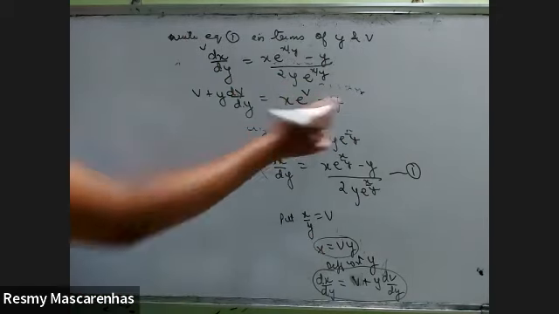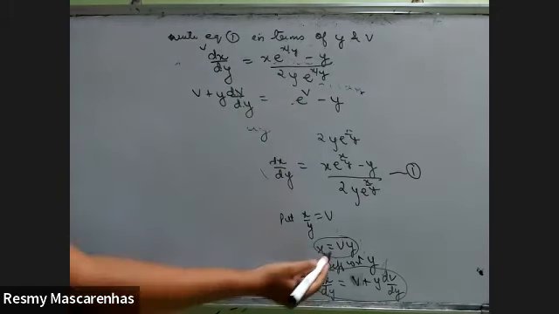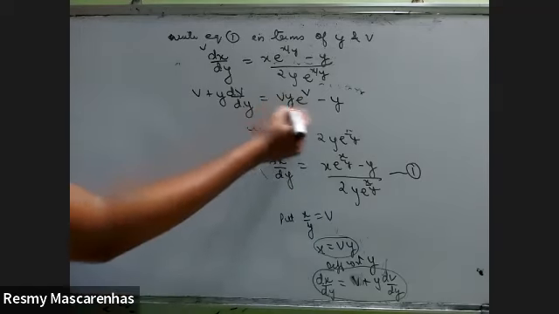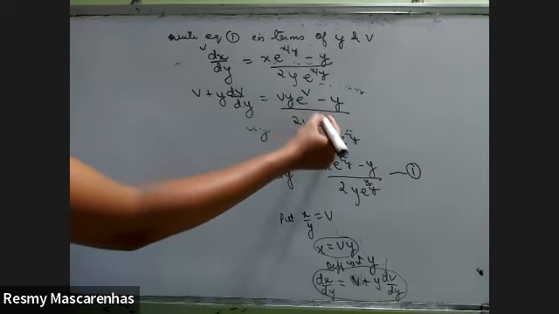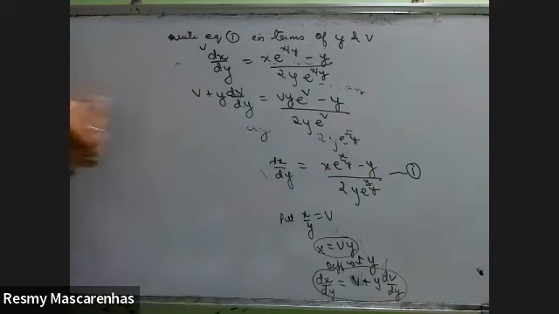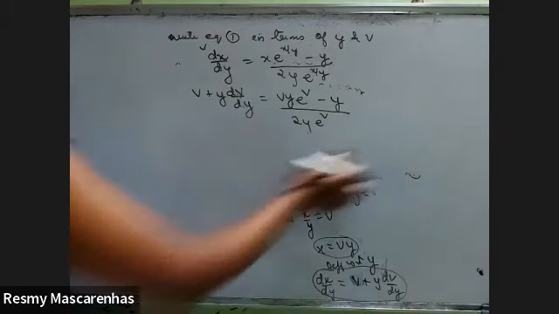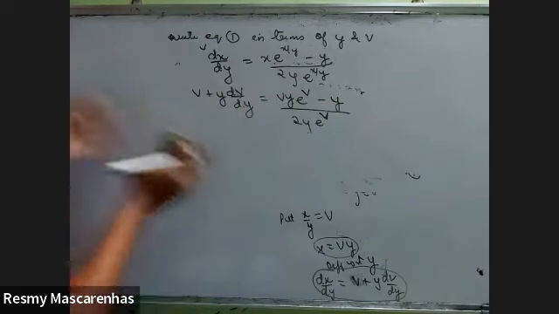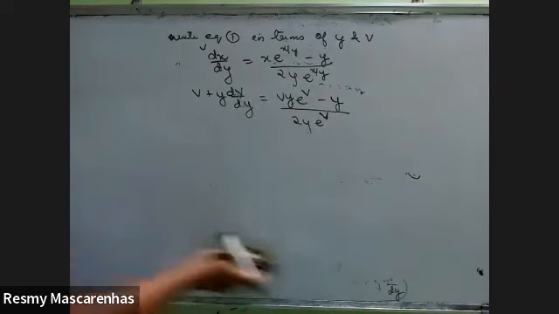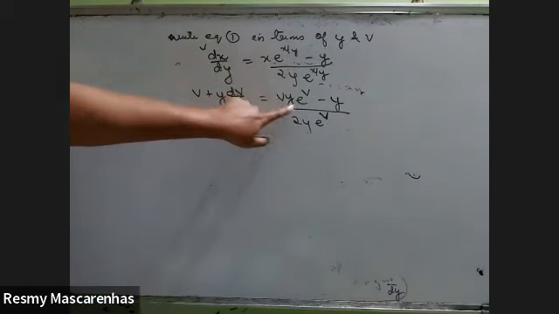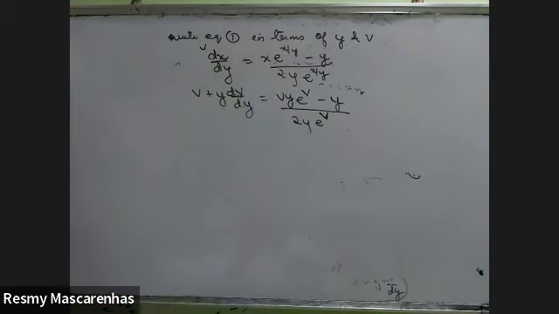Where x is there, we have to also substitute vy. Everything is written in terms of v and y. There should not be any x in the equation 1. So instead of x, I wrote it as vy. Now see, anything that is common, y is common, so take out y common.